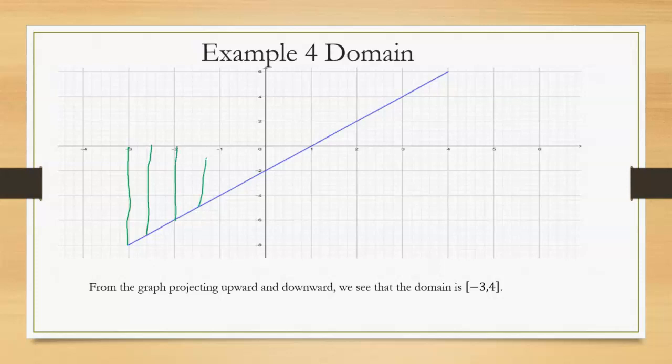Vertical lines, bear with me. Here the x-axis is above the graph. Here the x-axis is below the graph.